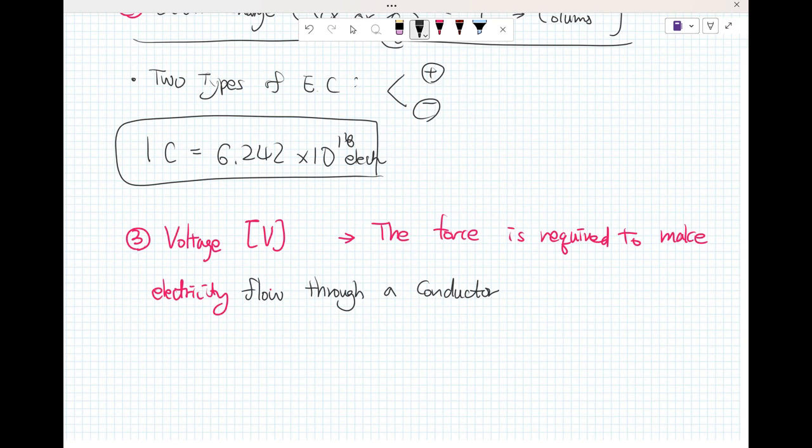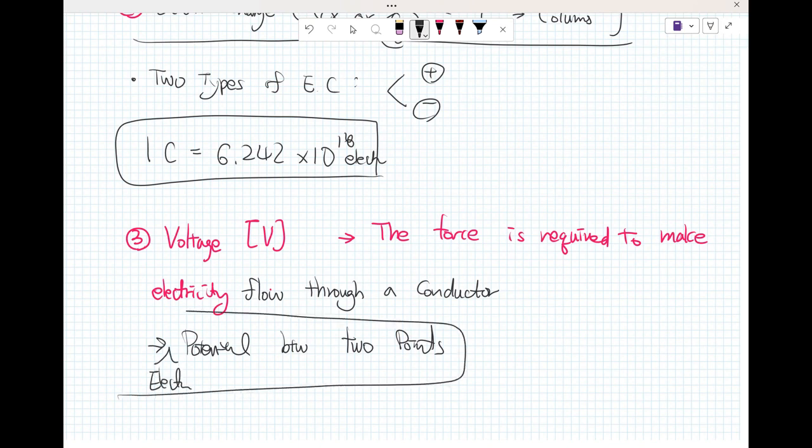It can also be defined as the potential between two points.